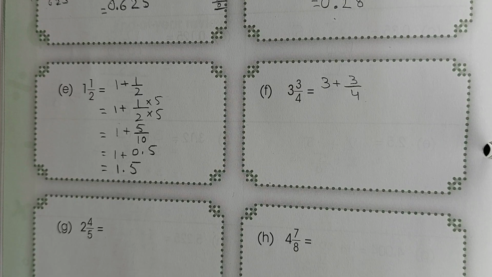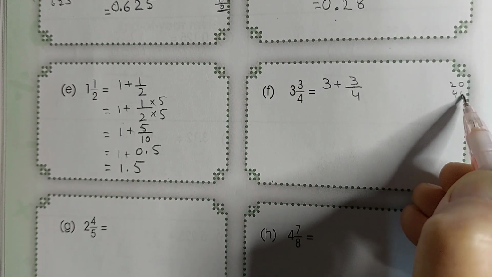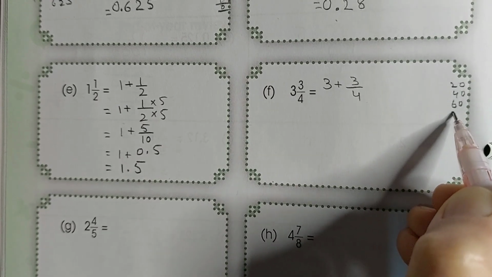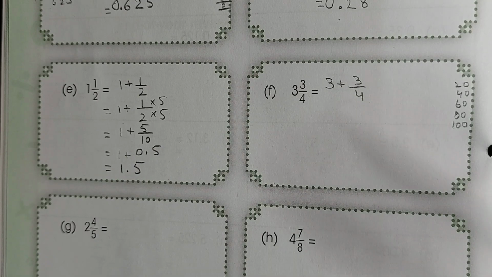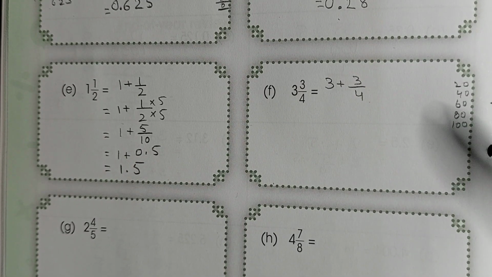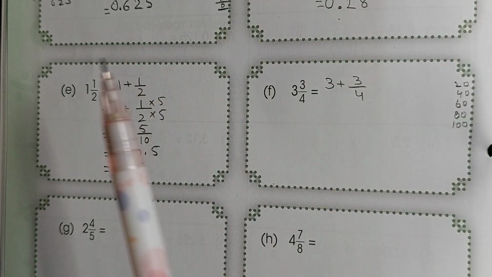But you know the 20 table: 20 ones are 20, 40, 60, 80 and 100. So if you multiply 4 with 20... no, 25.